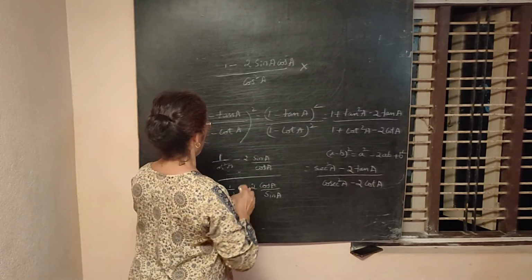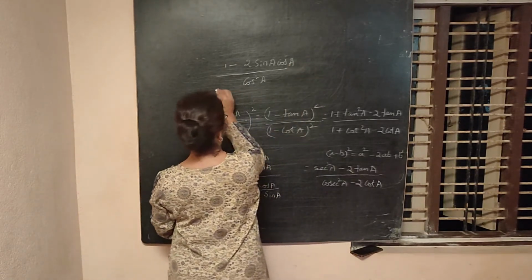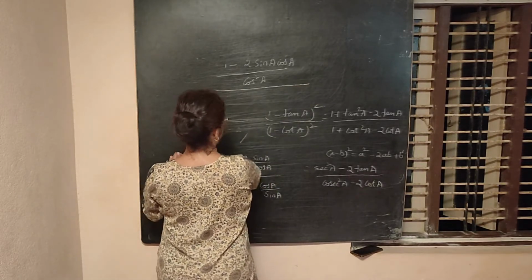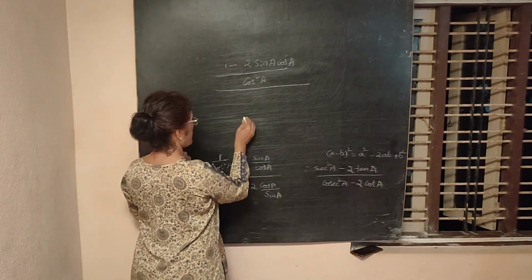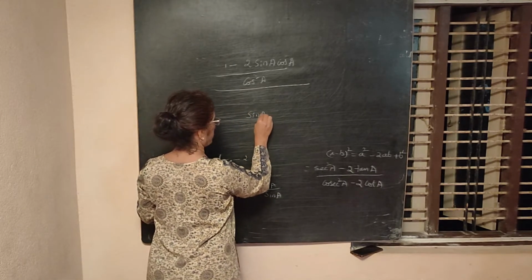Here let me take the common denominator, divided by sin square A as the common denominator.